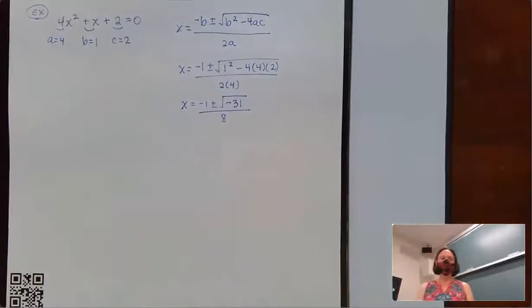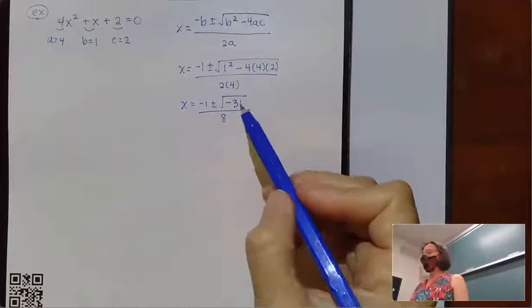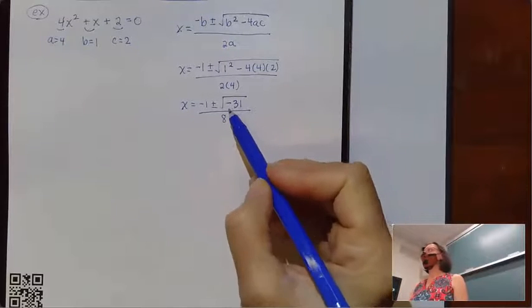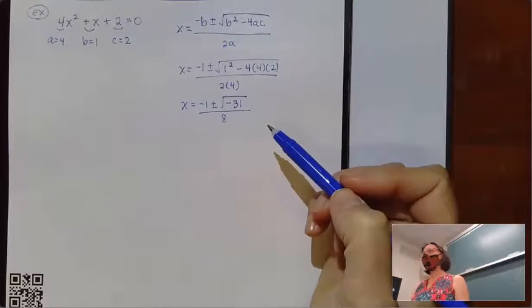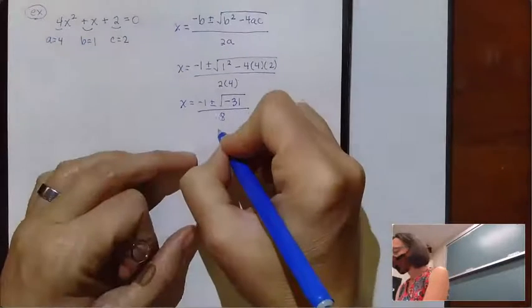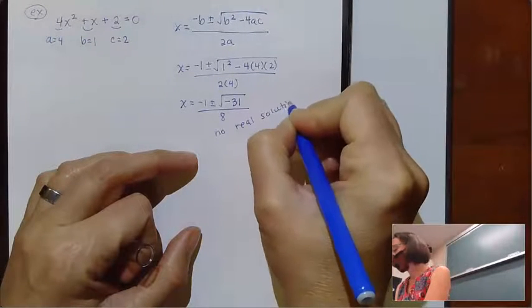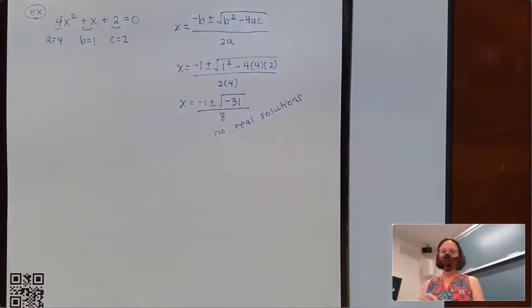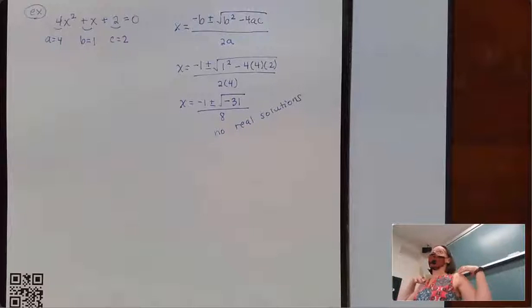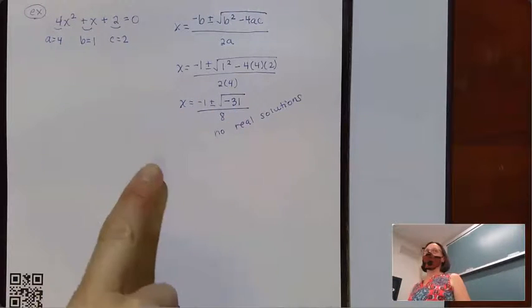This is the place where we're going to say, nope, we're not taking the square root of a negative number. This has no real solutions. There is a mathematical construct of imaginary and complex numbers that allows us to write the solutions to this thing.